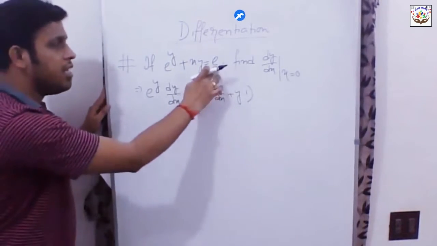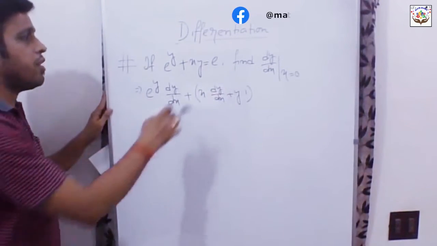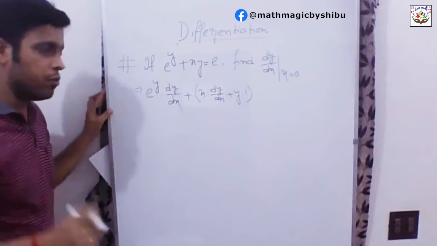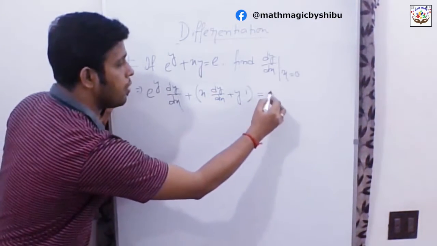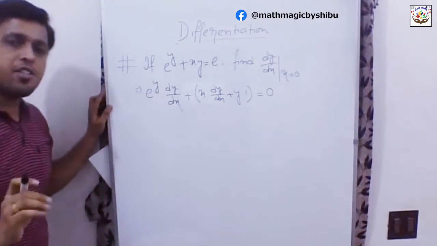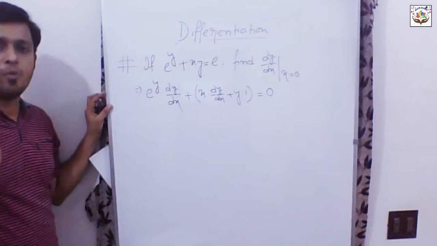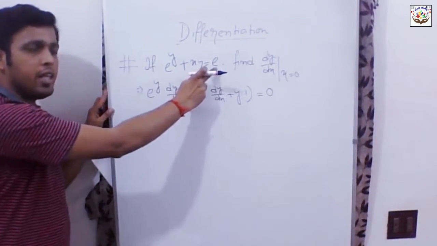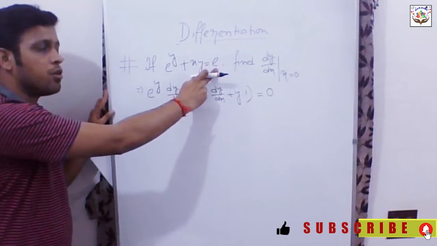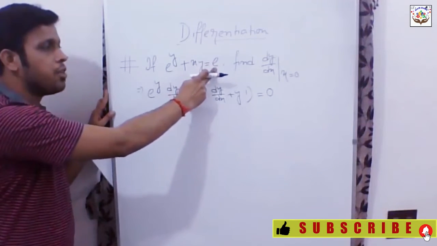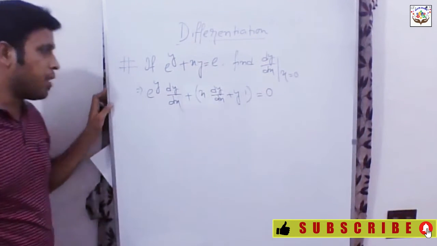Okay. And as e is a constant number, the differentiation of e will be equal to 0. Do not forget, differentiation of e to the power x equals e to the power x, but as it is only e, e is a constant number, so differentiation of e will be equal to 0, right?